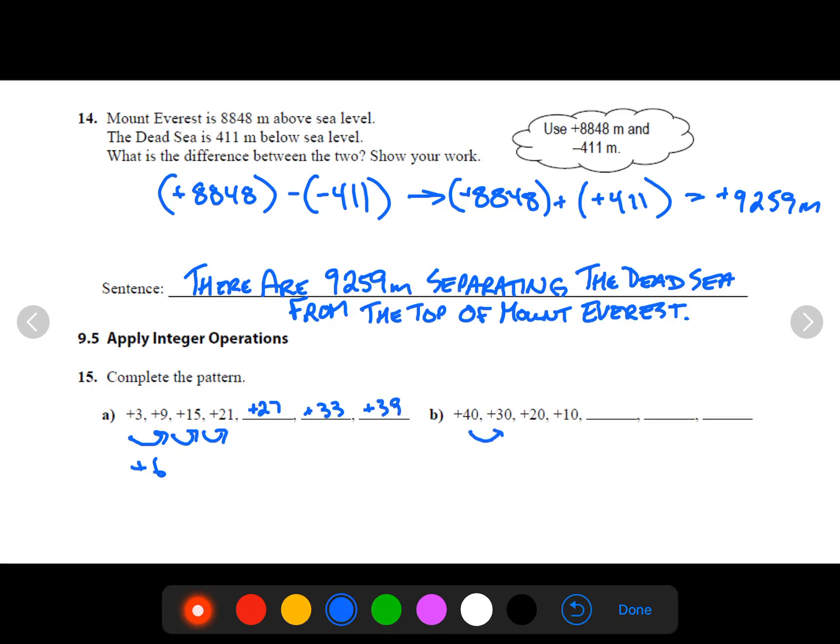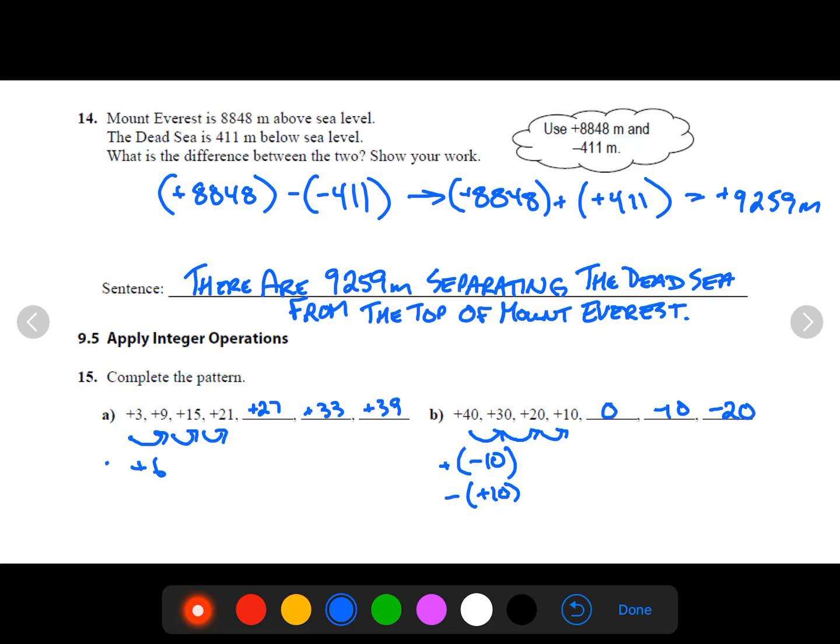Now in this case, to go from plus 40 to plus 30, and then down to 20, and then 10, we are subtracting 10 each time. So 10 minus 10 is 0. Then we go to minus 10 and minus 20. So we could say that this is either adding negative 10 or subtracting positive 10.